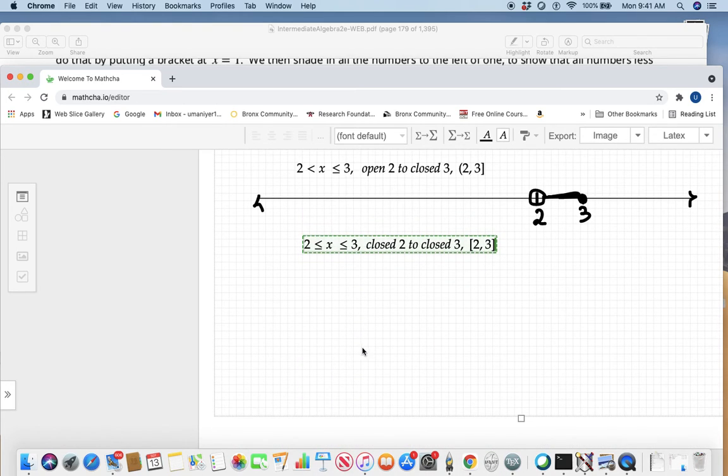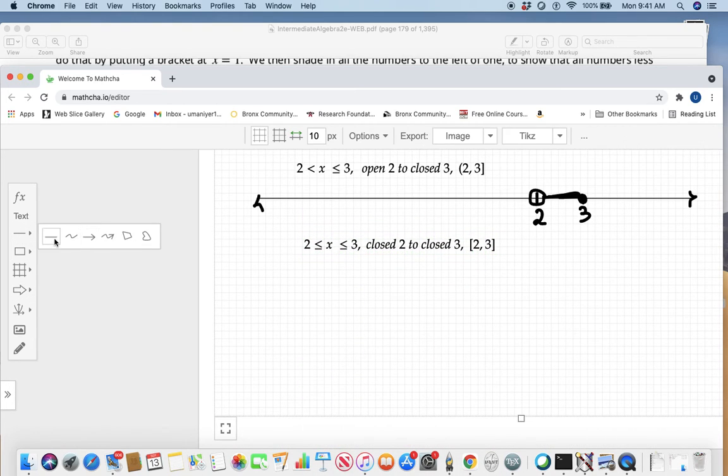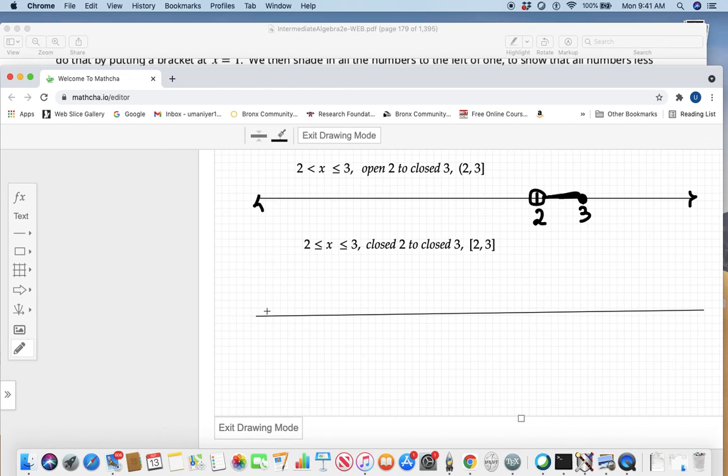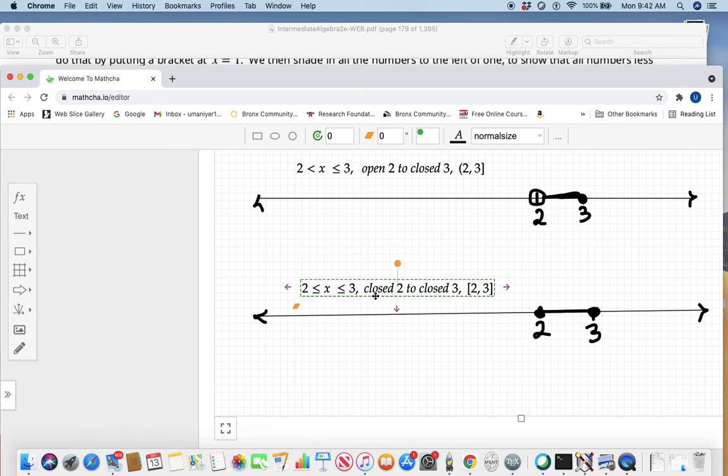So how do we graph this? Here is 2, here is 3. Fill in, fill in. That's it.